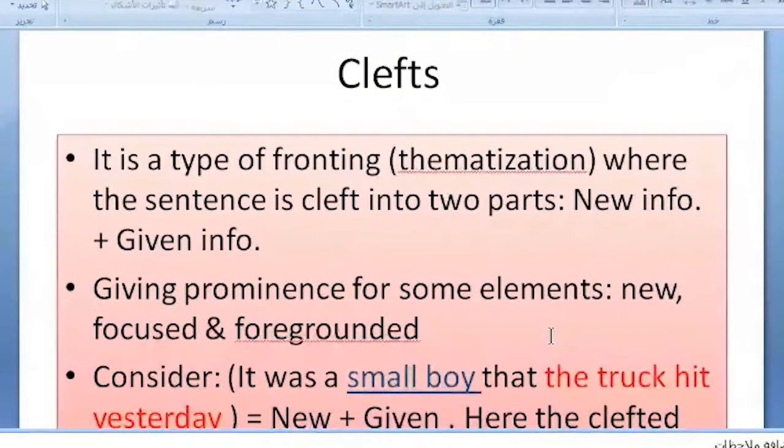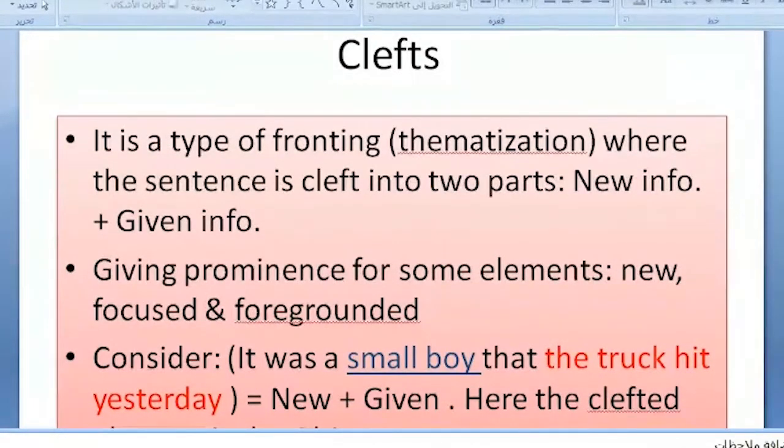Now, let us explain our notion in a simple example in order to understand what is meant by clefting and what is meant by new information and given information, and where do they go. يعني موقعها بالجملة وين.